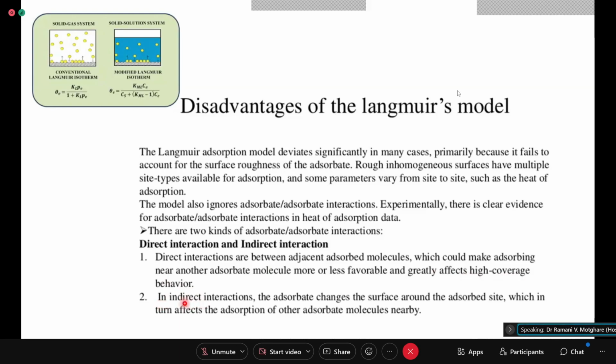In indirect interactions, the adsorbate changes the surface around the adsorbed sites, which in turn affects the adsorption of other adsorbate molecules nearby. So, in short, the assumptions made are that there is no transmigration, there is no effect of occupancy of the neighboring site, and so on. They are all found to deviate.